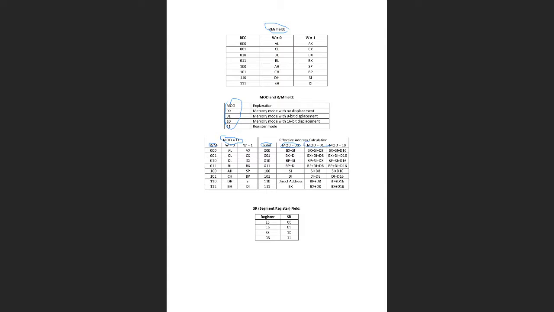And what about the segment register? If it is the data segment register, it is 11, and so on. I'm just giving an overview of this page, because you may get this in the quiz and also in the Measure exam.